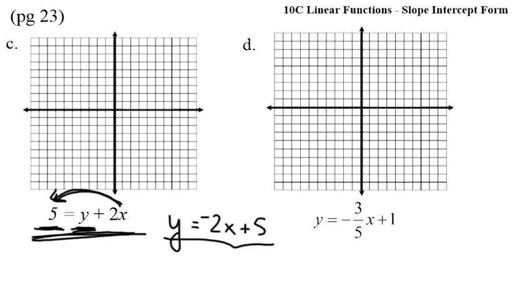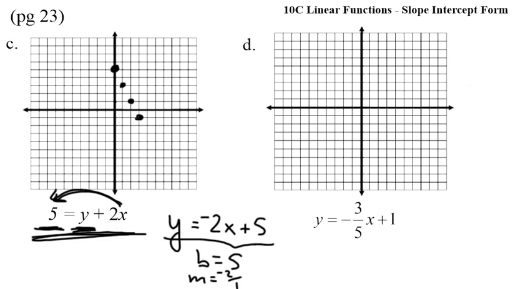What does this tell me? My y-intercept is 5. My slope is -2, which could be thought of as -2 over 1. Intercept is at 5. Slope, down 2, right 1. Keep going. And now I can graph that.